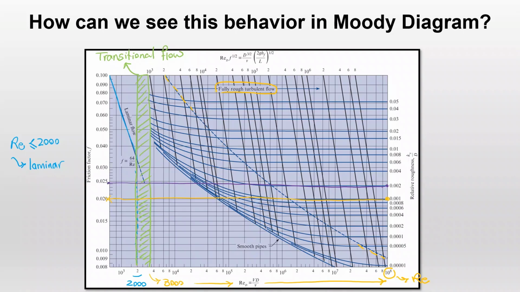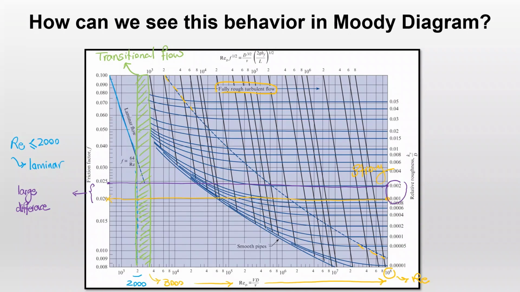So as you can see, every very, very small increase in the relative roughness can result in a huge difference in friction factor, a large difference. And that's why when your turbulence is strong, which is here, pipe roughness can be felt.